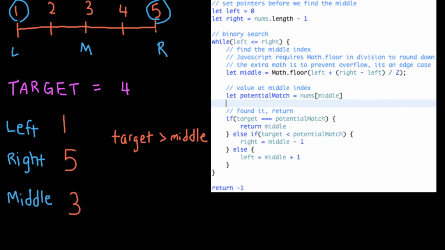You also see them here. The middle is 3. Well, 3 is less than 4, so we shift. Let's take a look. Where's that shift happening at? Well, we see that target is greater than middle, so we're going to move left to middle plus 1, okay?